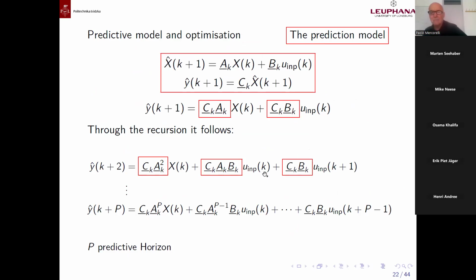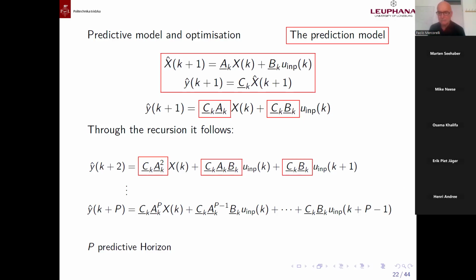For instance, here. Yeah, I mean, if the predictive horizon equals the control horizon, we have square matrices. Otherwise, as I showed you, the matrix collapses somehow, no?